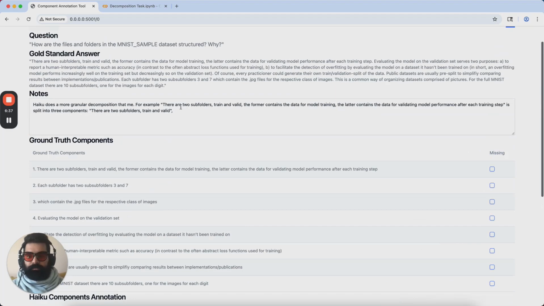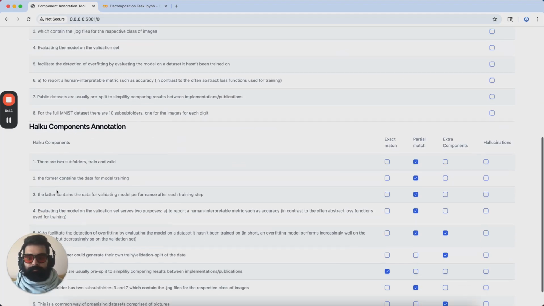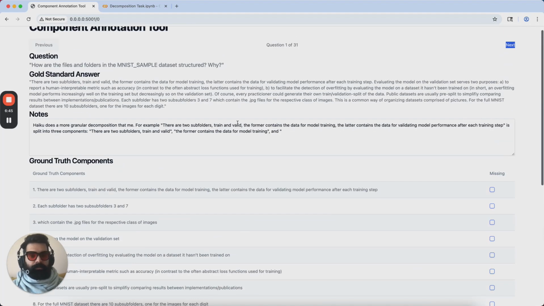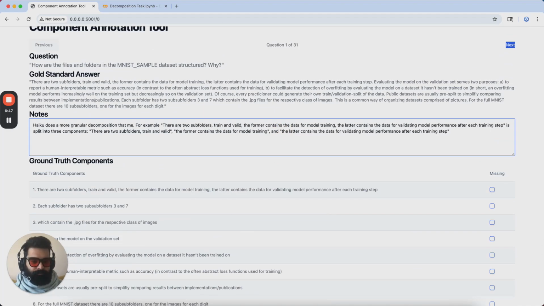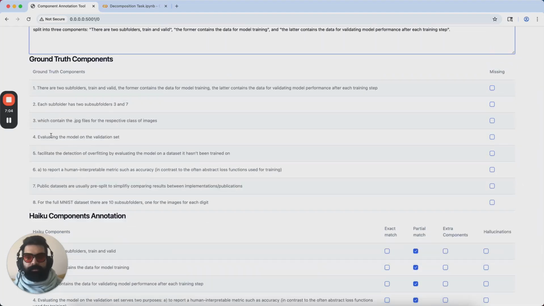This one. And then this one. So that's one observation. Evaluating the model in contrast to the often are used for training. So this one's the opposite.